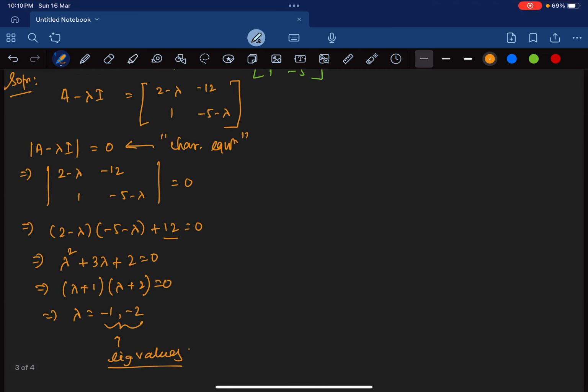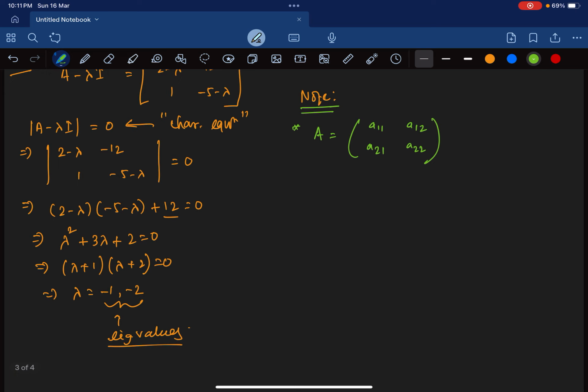Now see, there are a few important properties, or you can say shortcuts, to determine eigenvalues. Under the note you can write: suppose A is equal to A11, A12, A21, A22.